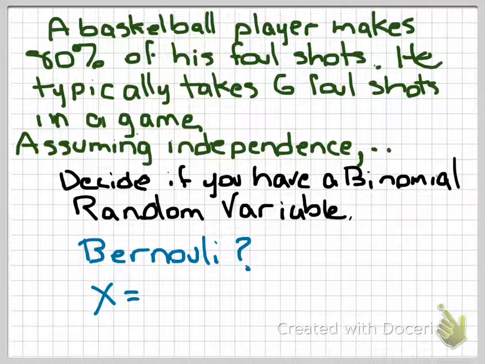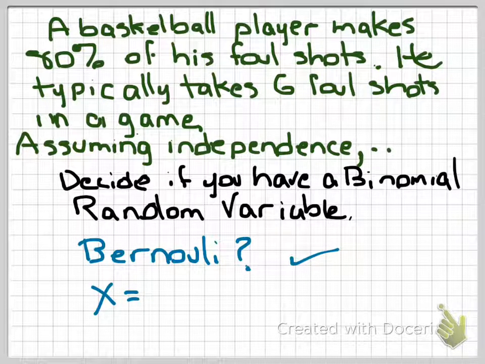He typically takes 6 foul shots in a game. Assuming independence, first we're going to decide if we have a binomial random variable. Is this an example of Bernoulli trials? Yes, it is, because we've already checked that when we checked the question that was geared towards a geometric model. And the only other thing we now need to check to see if we have a binomial random variable is if X is the number of successes out of a set number of N trials.